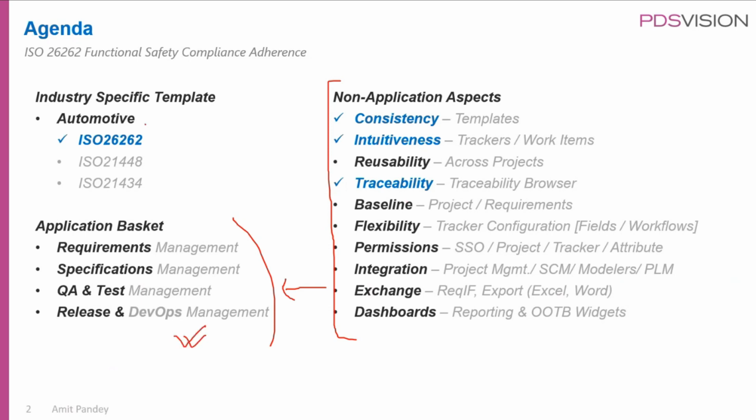While I am talking about the functional safety trackers, I can also touch upon some of these, typically the blue ones, and more importantly this one, because two of the key aspects of ISO 26262 are consistency and traceability. Even these are also key needs for ISO 26262, but these are the core ones, and this I will talk through when I do the demo.